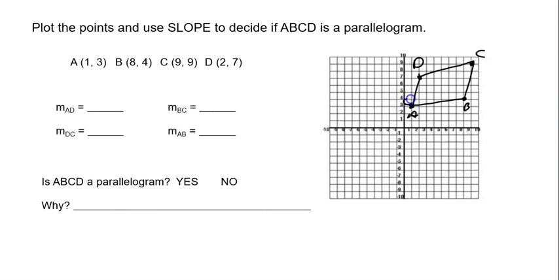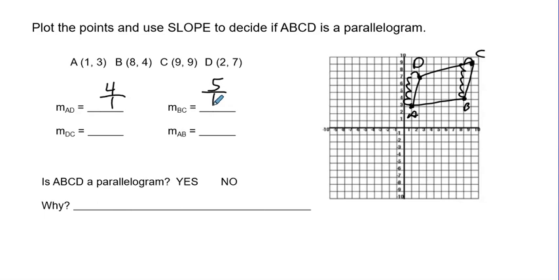We just count. 1, 2, 3, 4, up 4, right 1. Positive slope. BC, 1, 2, 3, 4, 5, right 1. So right off the bat, we already know. No, they don't have the same slope.